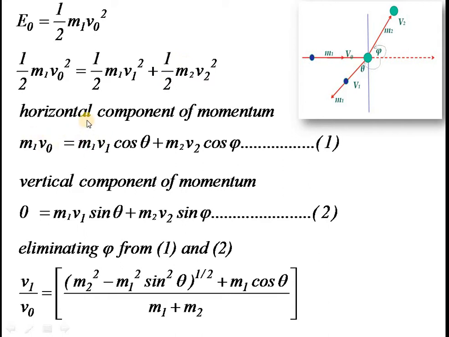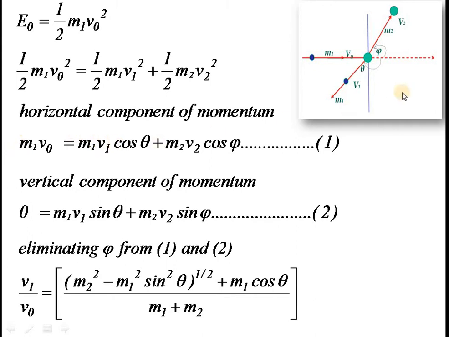Suppose now you apply the law of conservation of momentum. You can apply one along the horizontal axis, along the positive axis, and one along the vertical axis, because momentum is a vector quantity. So what we get? Initial momentum is only along the positive horizontal axis, that is m1 v0.